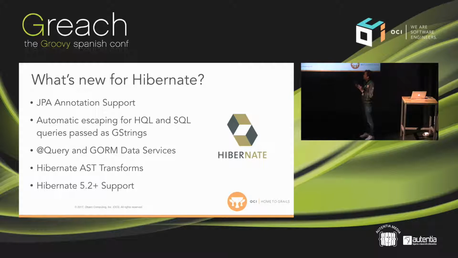But anyway, we have a new transformation that transforms GORM entities so that we integrate with Hibernate's custom dirty checking support. So when you read an object, Hibernate asks us, is the object dirty? Ask GORM, is the object dirty? And we respond, yes it is, or no it isn't, based on our dirty checking implementation, which basically tracks the changes you make to your object.